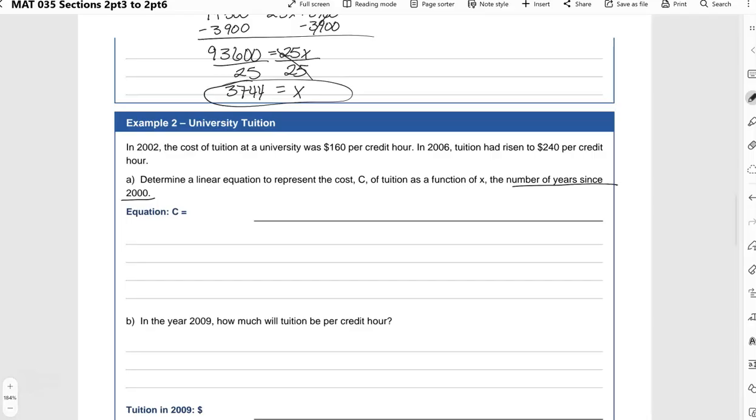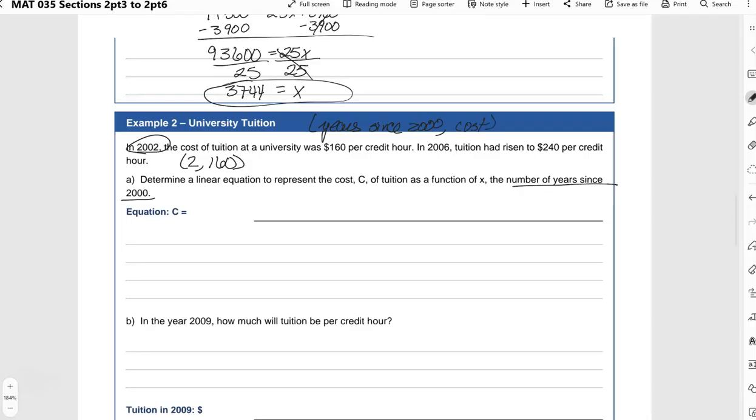So we've got to be careful here. 2002 is 2 years from 2000. So that's 2 years, and the cost was 160. Notice I'm writing this as ordered pairs, so I'm looking at my ordered pairs as years since 2000, and then cost.